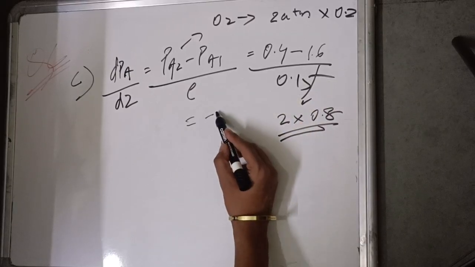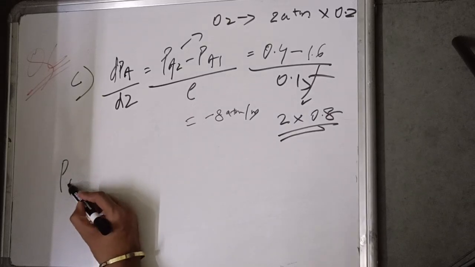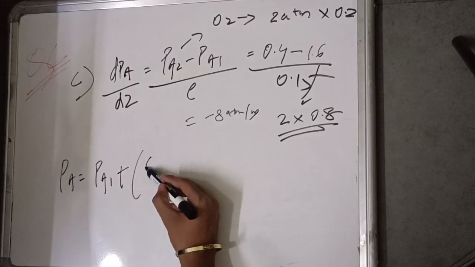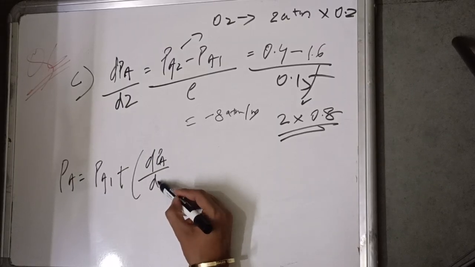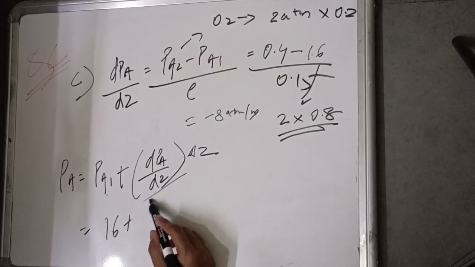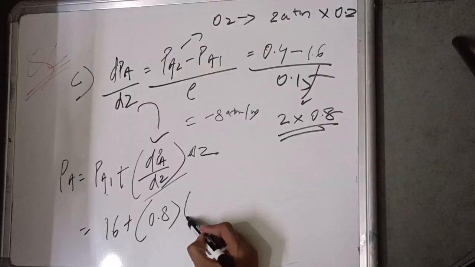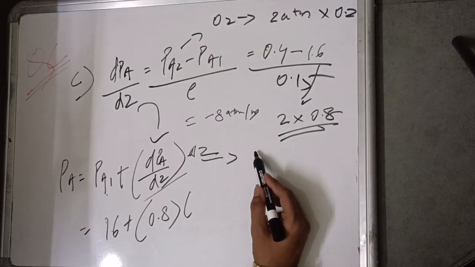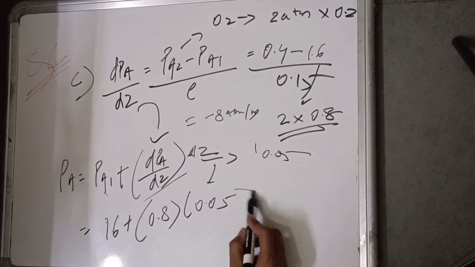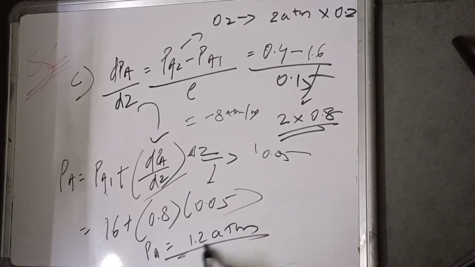From here we get the value in minus atm per meter. We have to find the value of pressure. We have just calculated 1.6 plus the value above. We know the distance in the tube is 0.05, putting it here we got the pressure equal to 1.2 atm. Part C is also done.